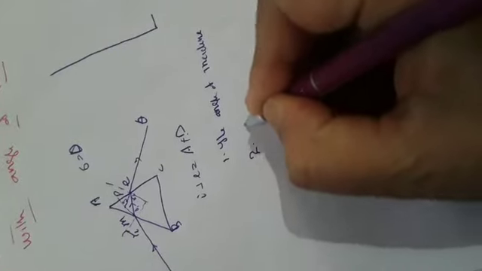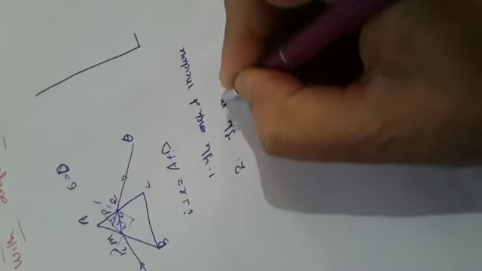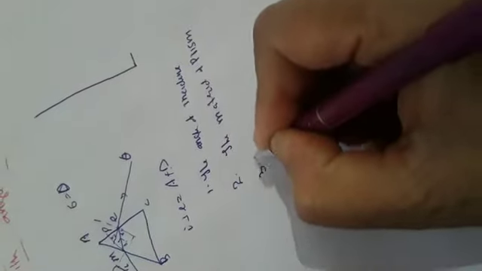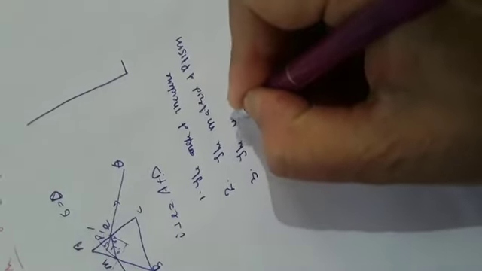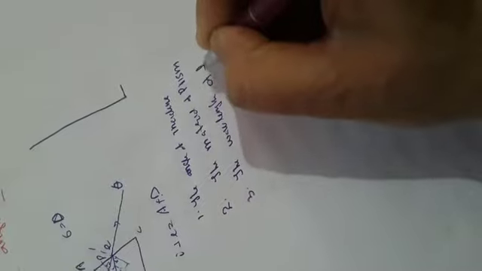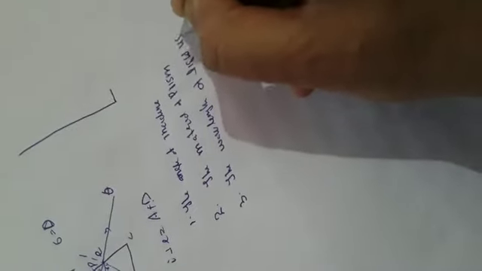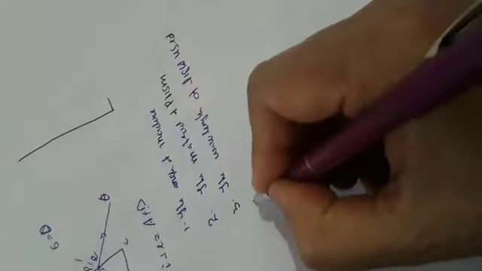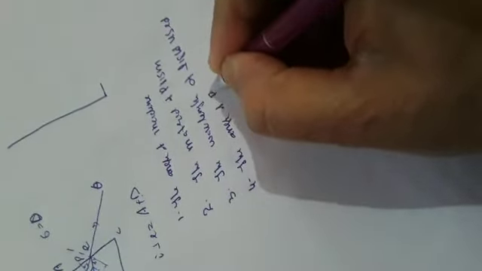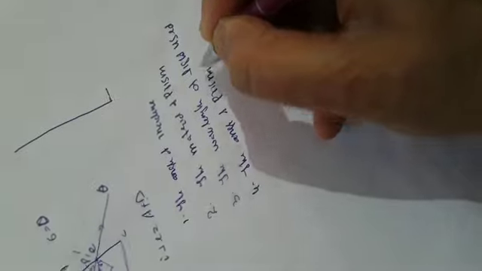Number two, the material of prism. Number three, the wavelength of light used. Number four, the angle of prism.